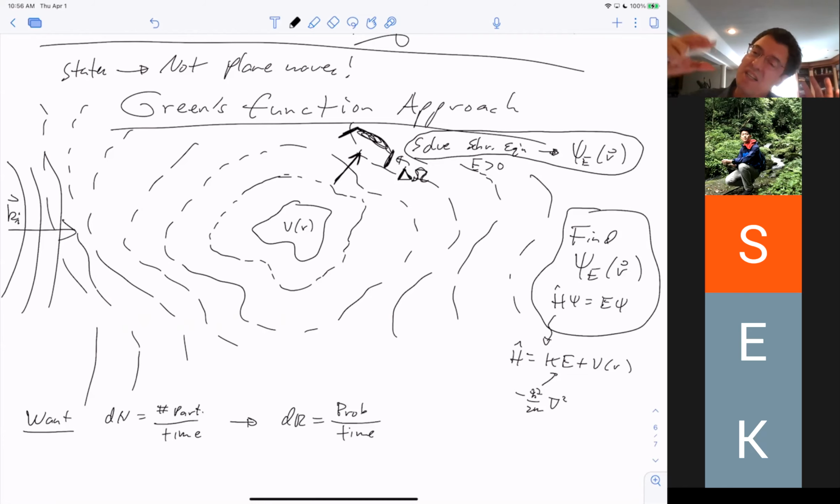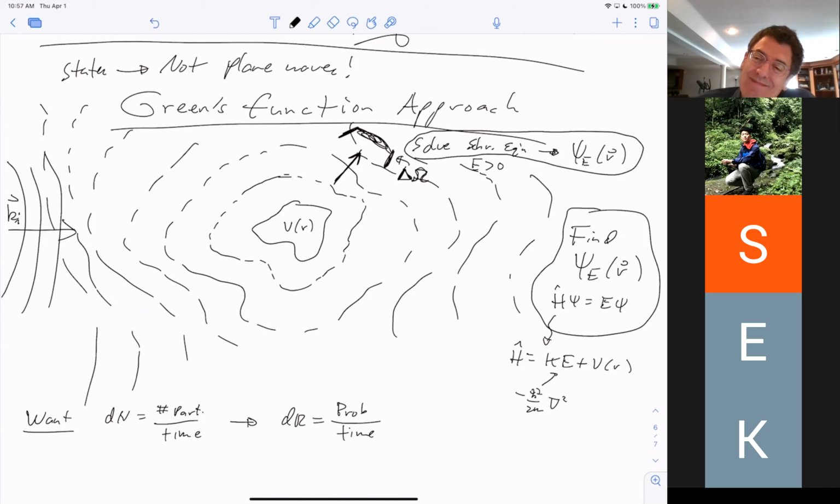But what I want is the probability flow. The probability is like water, it's moving, and I want to know how much of that water is flowing into the detector. So you almost got it. Instead of psi star psi, I want to integrate something else. What else? Tell me.